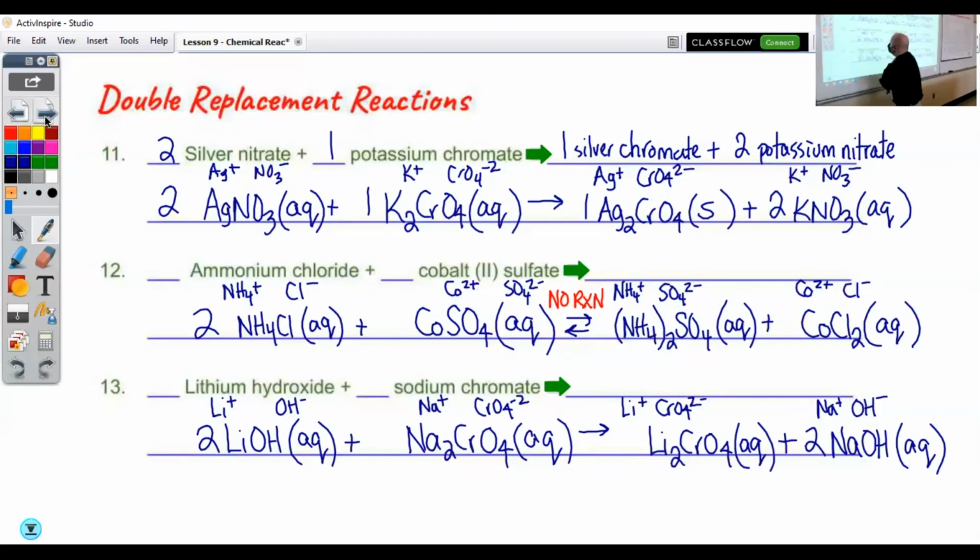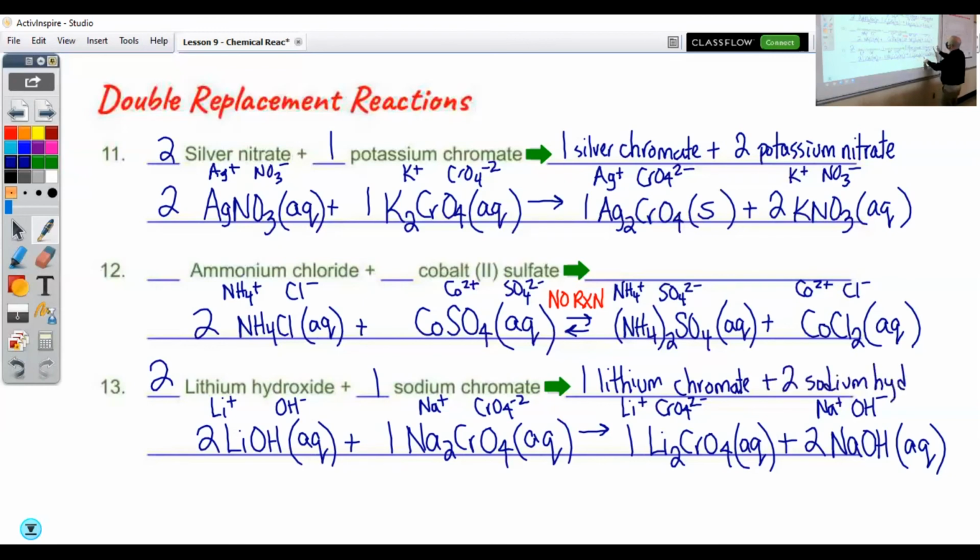So finishing off this, we just carry our coefficients up here. Same thing here, a 1 here and a 2 there. So we'll write 1 lithium chromate and 2 sodium hydroxide. Now, just like we saw in the previous example, if everything is soluble, that's an example where we have a no reaction.